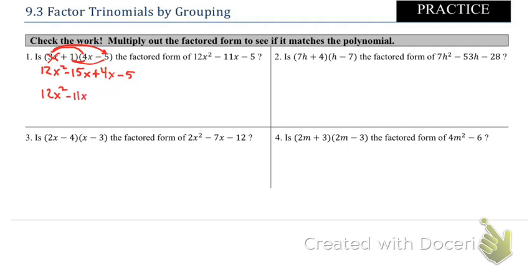And then bring down the negative 5. So, as you can see, this is the same as this. In other words, we're just checking the work. Was this factored correctly?